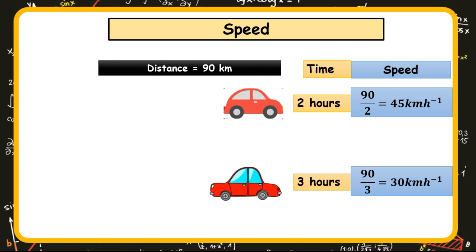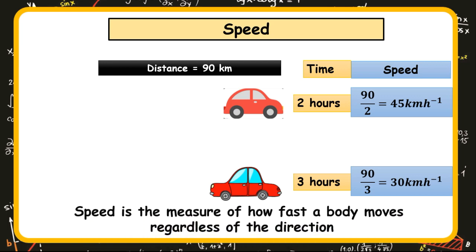The time of arrival makes it different. It means car A was speeding more than car B. That is why we say speed is a measure of how fast a body moves, regardless of the direction. And it's also the distance traveled by a body per unit time. So that is the understanding of speed.